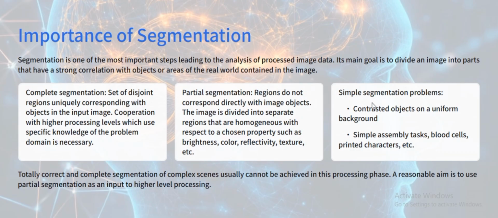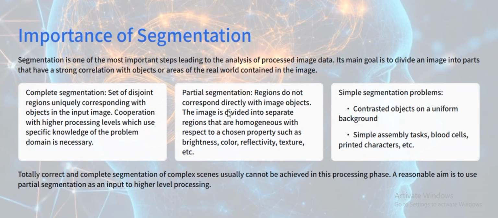If we use simple segmentation, we divide the parts based on brightness or dullness. But in complete segmentation, we consider all the regions. Because of this, the processing time may become very slow. These are also some of the reasons why we neglect complete segmentation.